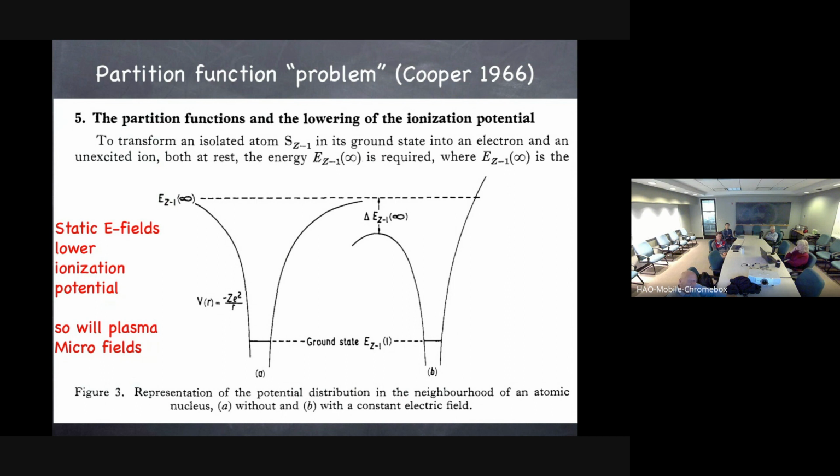And so 50% of the time, even with the thermal electric fields, which can be computed very simply using some sort of Debye theory, where you evaluate what the free energy is in the motion of the particles in this plasma with a temperature T, you can determine what the RMS electric field is, and even if it's very tiny, it lowers the ionization potential and it solves your problem with the partition functions.